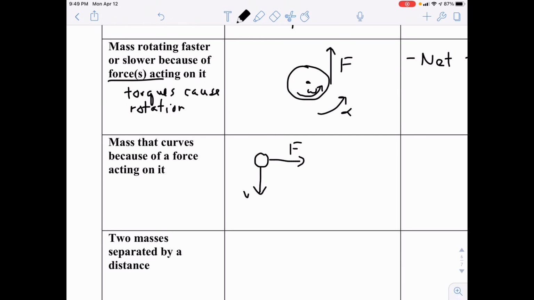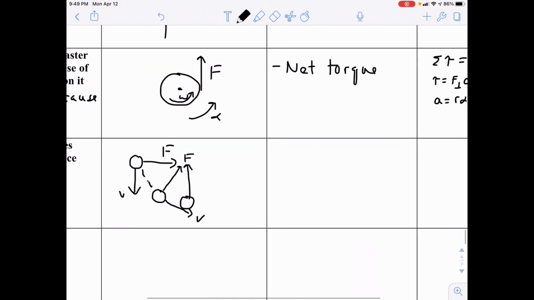Then the object ends up here, with still that same force acting on it, but now the velocity is headed in this direction and causes it to rotate more, and the force is still pointing in. So we have a center pointing force that causes curvature. A center pointing force would be a centripetal force.